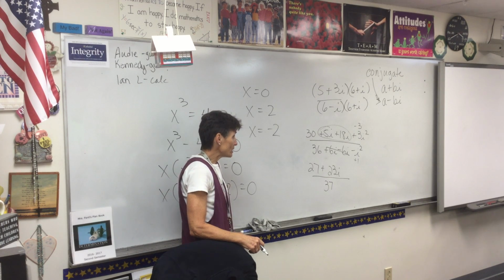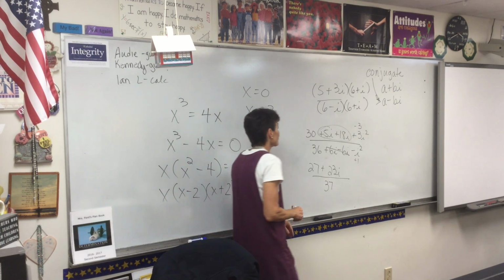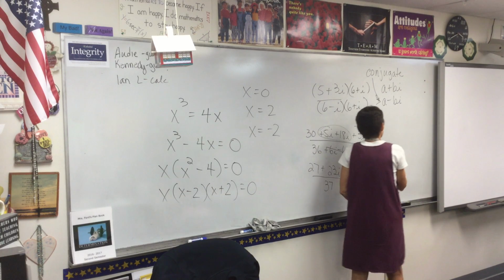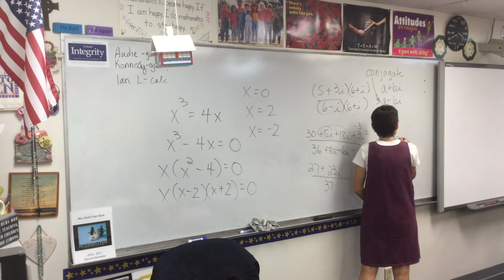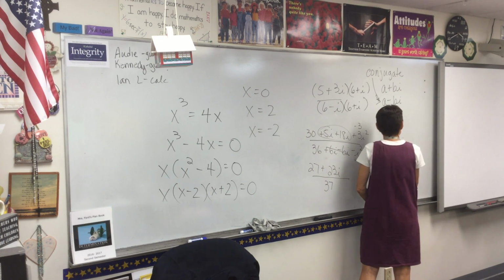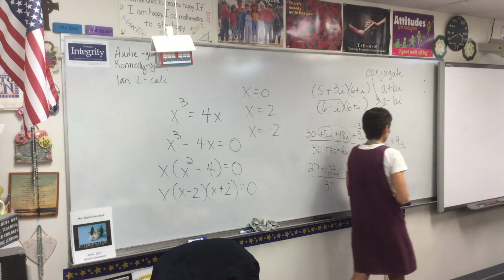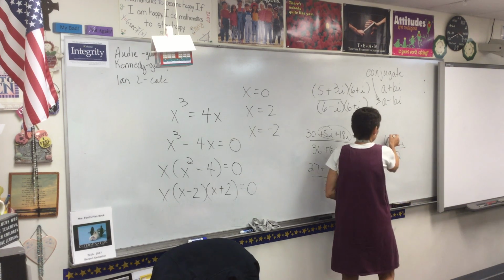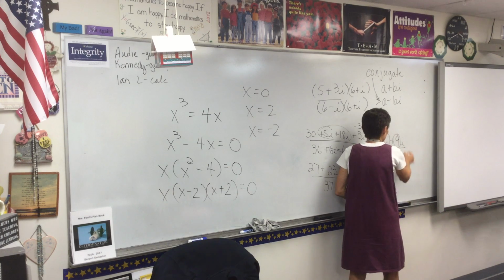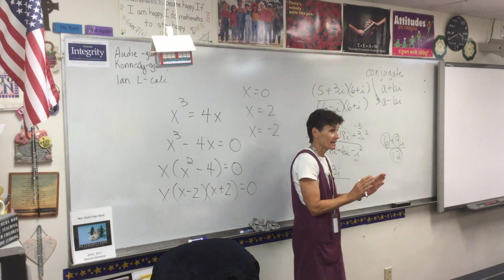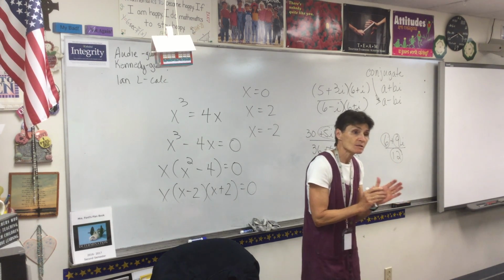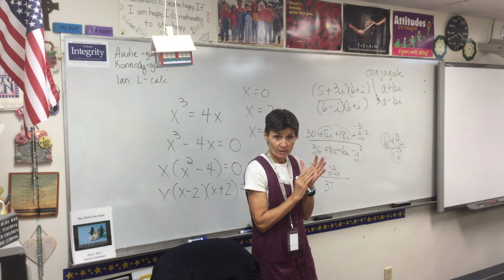These can reduce, this one doesn't, but if we had done the problem and ended up with something like this, that would reduce because all of those numbers, and it has to be all of them, are divisible by 3.